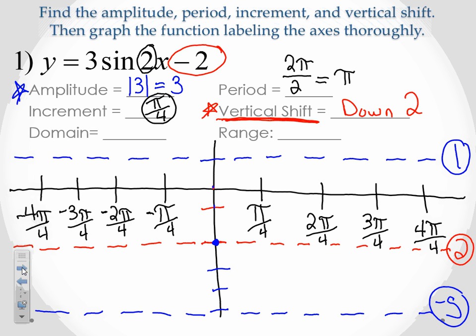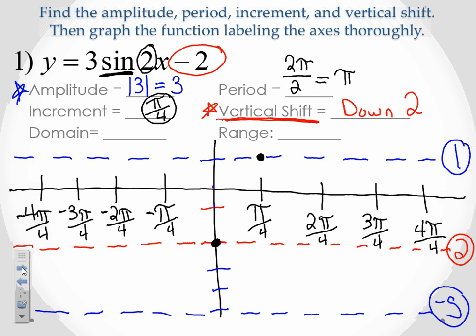We're working with sine. Sine always starts in the center. So I'm going to start here at the center. My center now, ladies and gentlemen, is at my midline, my -2. That's where I'm starting, my red line. From here, I'm going to go up. Now make sure, ladies and gentlemen, we go up all the way to the amplitude, so all the way to 1.